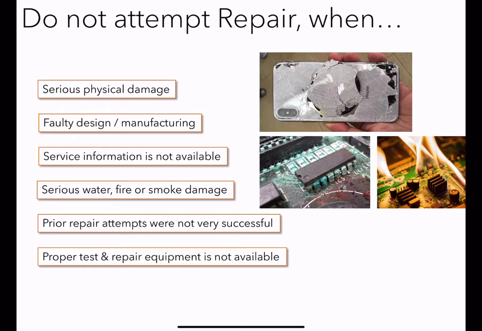It means that the repairing attempt was unsuccessful. So if there have been multiple repair attempts, but none of them were successful, and we are still seeing failure issues in the device, it would be better we do not attempt repair again, and we just replace it.